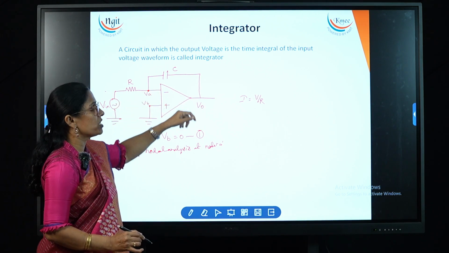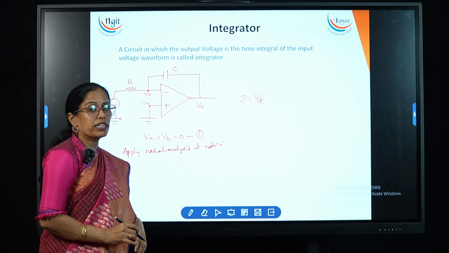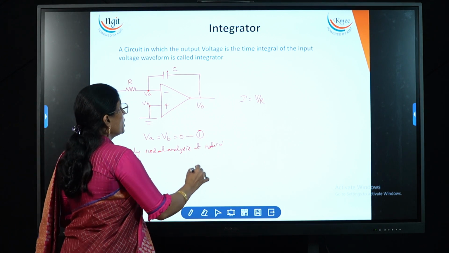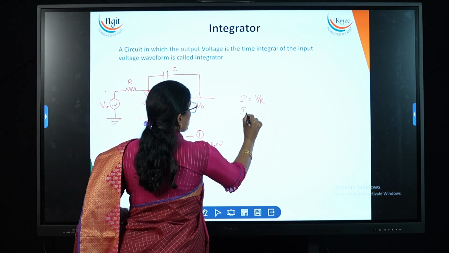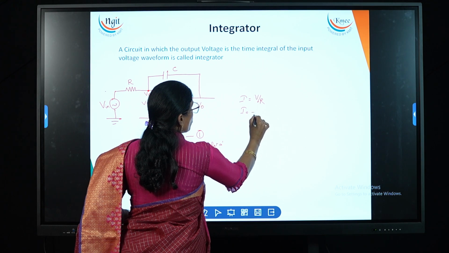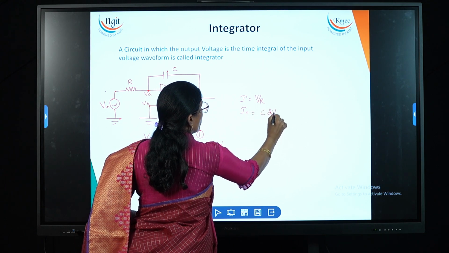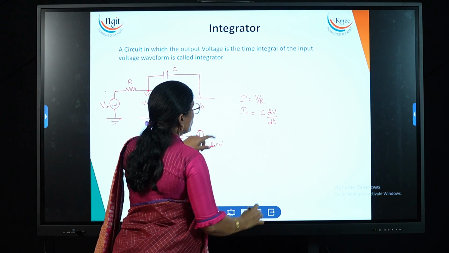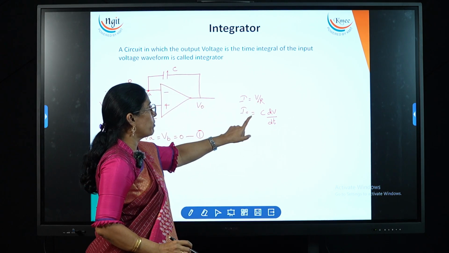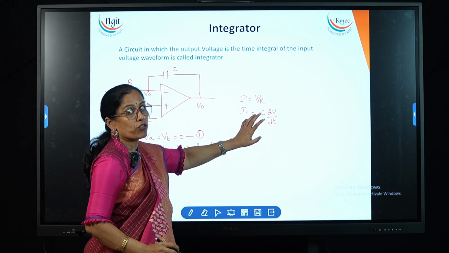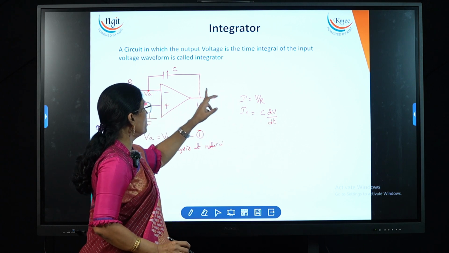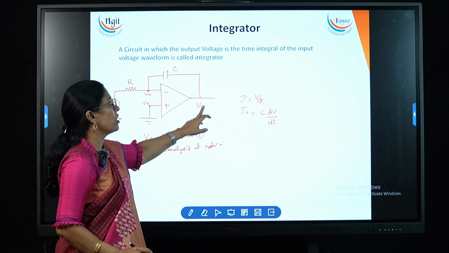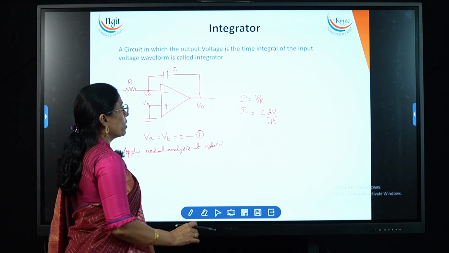Now coming to the capacitor. How to calculate the current flowing through the capacitor? The current flowing through the capacitor, IC or IF, is equal to C into dV by dt. This is the current through the resistor formula, and this is the current through the capacitor formula. Now what is V over here? V is VA minus V naught, that we have to write in the nodal expression.